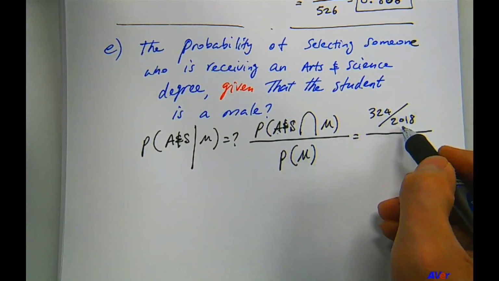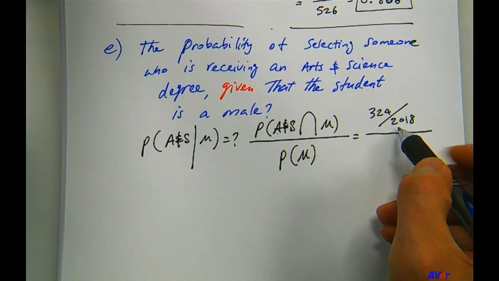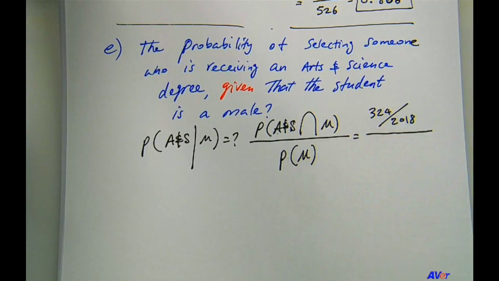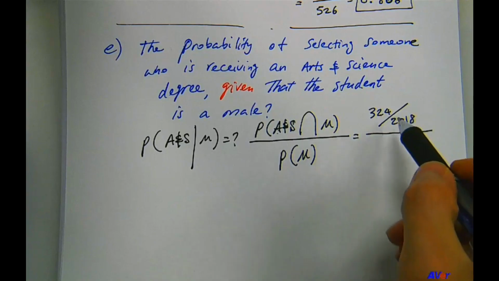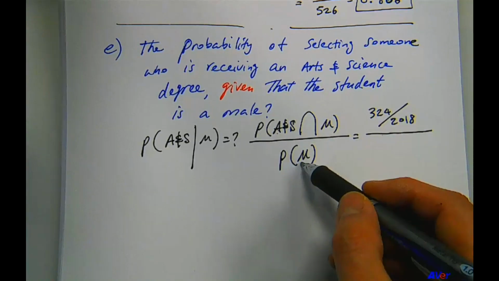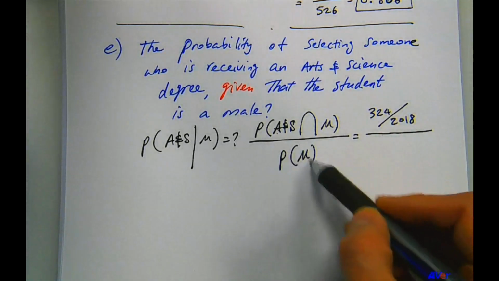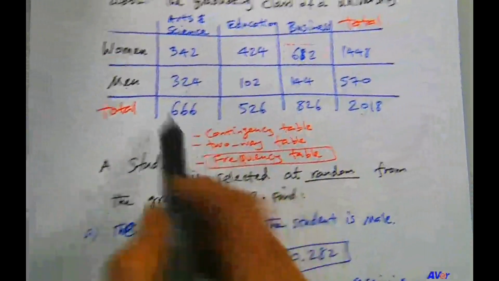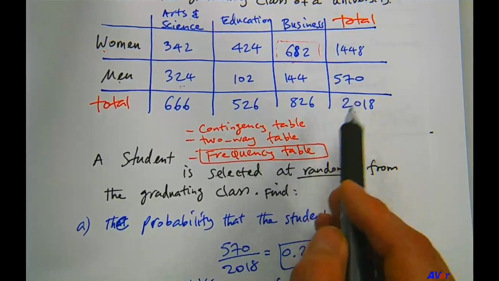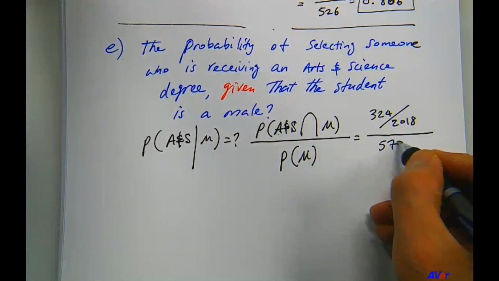We divide by 2018 once again because this selection is made at random. So we are blindfolded and sent into this population of students, 2018 of them, and we randomly select someone. That's why it's always divided by this total. In the denominator, the probability of selecting a male would be all men, which total 570, divided by 2018.